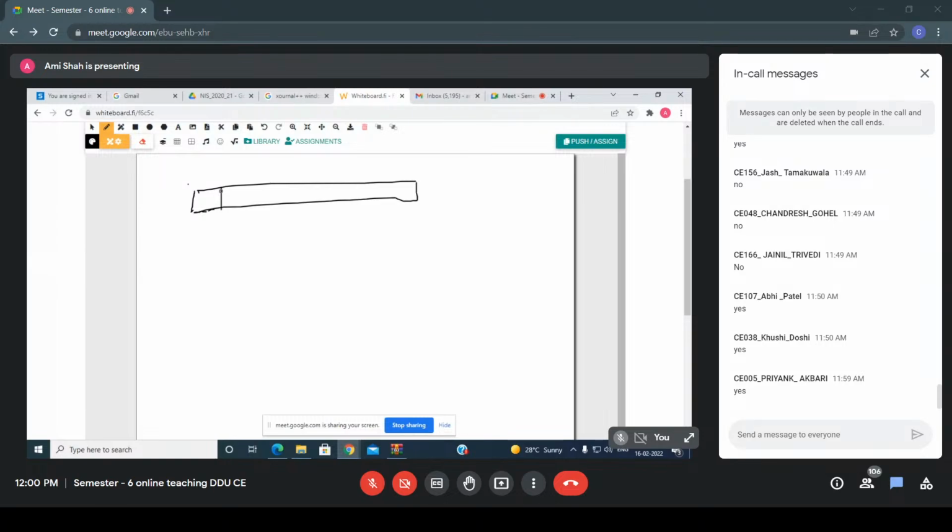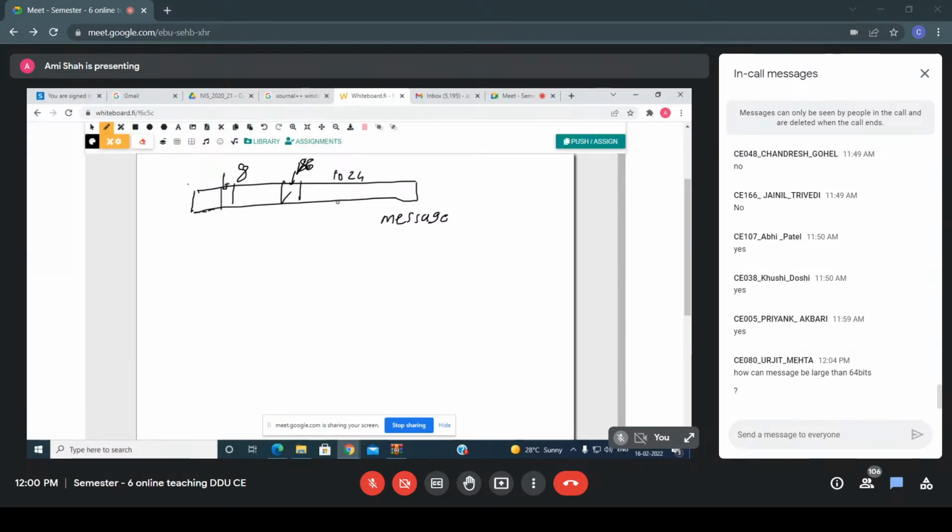Basically we apply a function on this, which means we take some of the bits from the message, not the whole message. Applying some function on the chosen bits, finally I get M star, which is of lesser size.